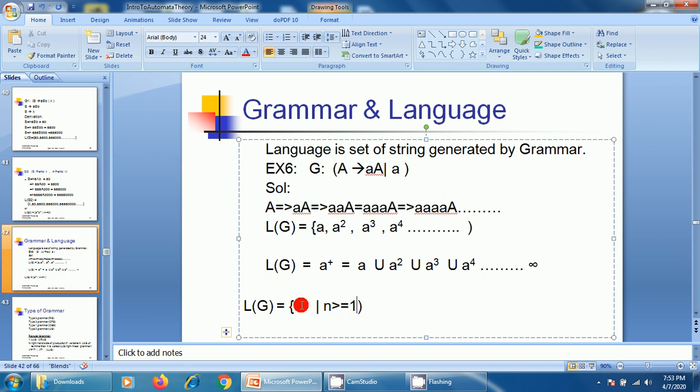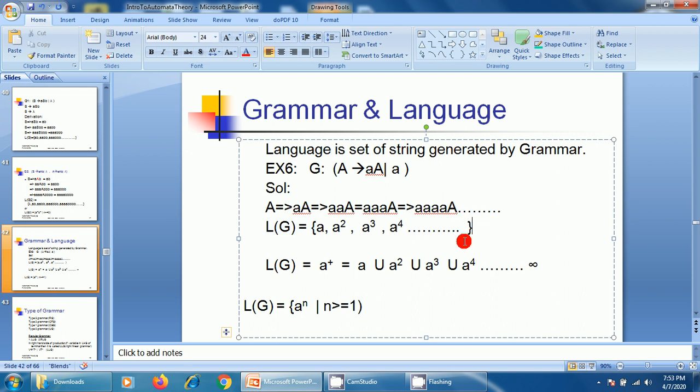If we put 1 in place of n, then it is a single a. If we put n equal to 2, then it is 2 a's. If we put n equal to 3, then it is 3 a's. If we put n equal to 4, then it is 4 a's, and so on. So the language of this grammar is a, 2 times a, 3 times a, 4 times a, and so on. And this is a set of strings.